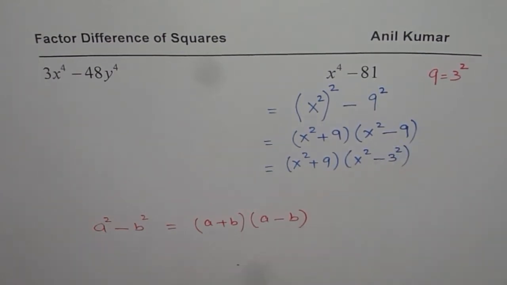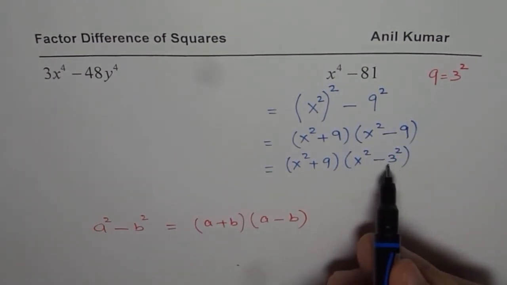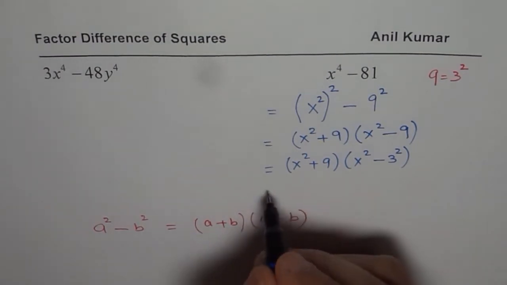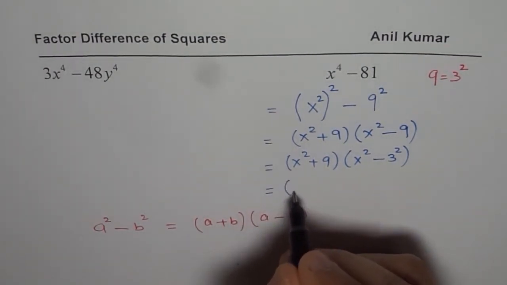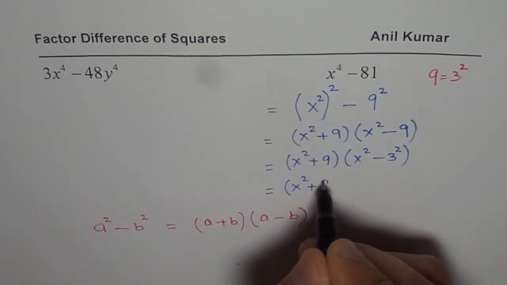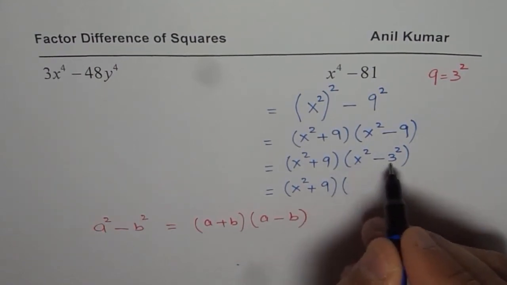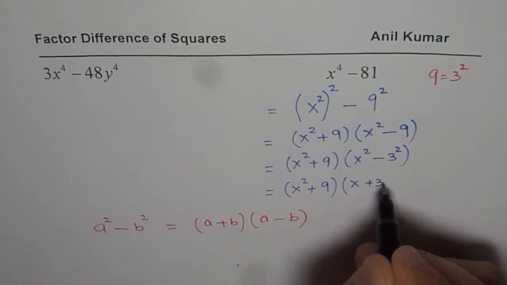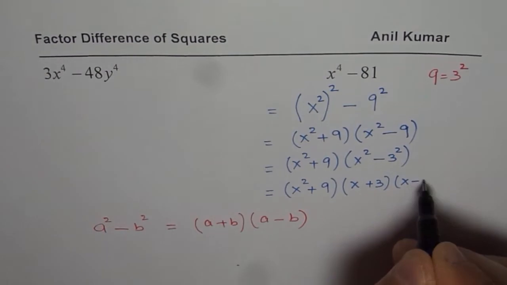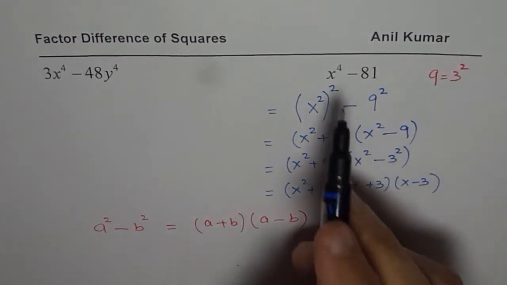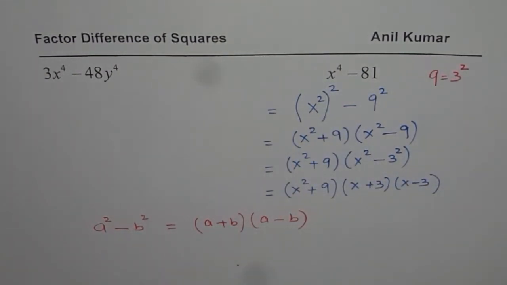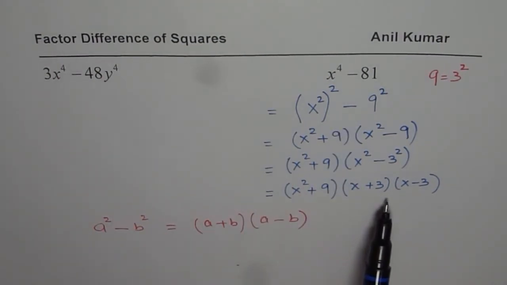Do you see that? Now that is again difference of squares, so it can be further factored. So we can factor this and write it as x squared plus 9 times x plus 3 times x minus 3. So when we have degree as 4, we may apply this formula twice, as you have seen here, right?